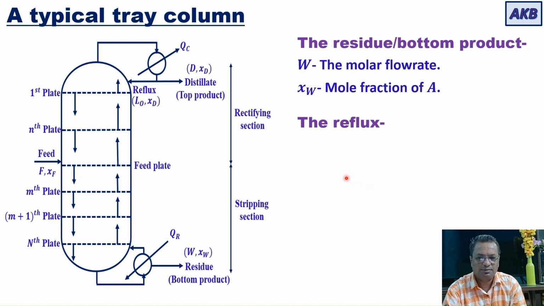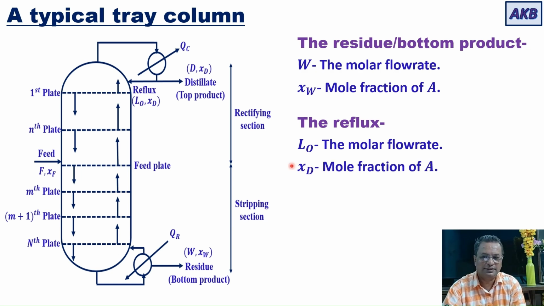And for the reflux stream, over here, you have L0, the molar flow rate for the reflux, and then you have XD. The mole fraction of the more volatile component in the reflux will again be XD, because over here there is a simple division of the condensate.